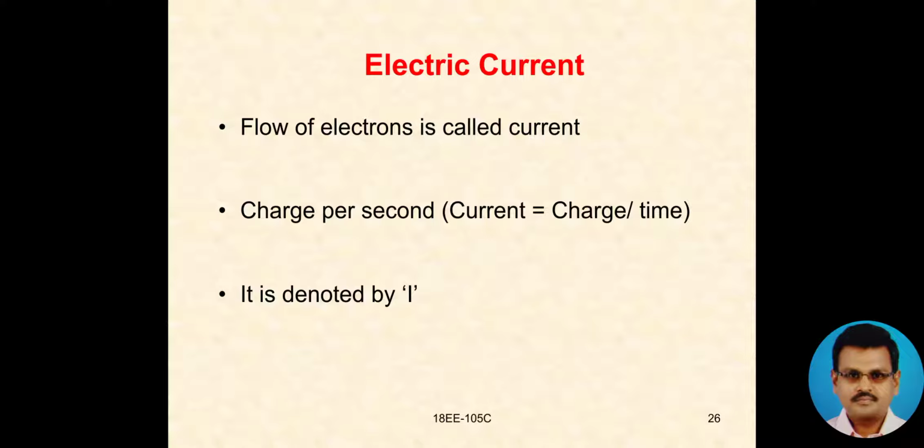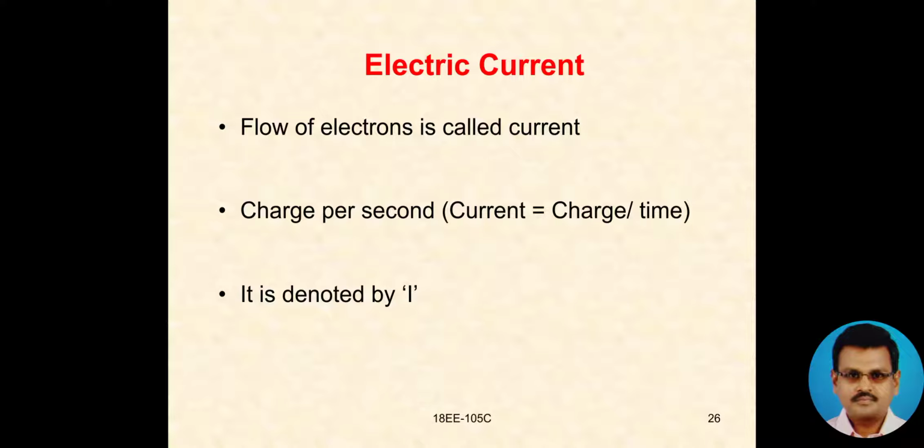When an EMF is applied across the conductor, then under the influence of the electromotive force applied, the electrons will move in a regular manner, so that the movement of electrons constitutes the electric current.